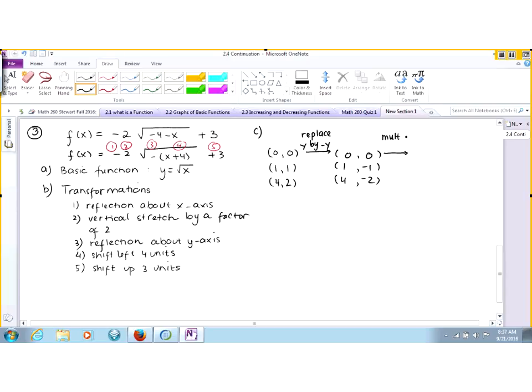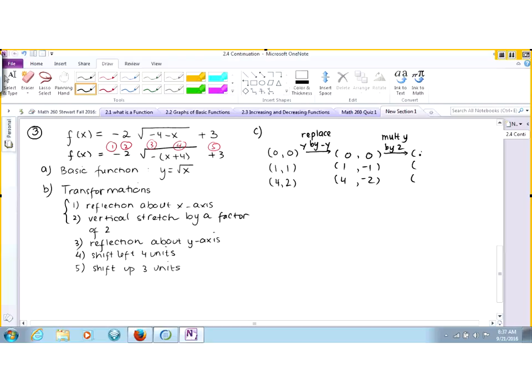Now, the 2. Vertical stretch. What do you do? Multiply y by 2. Actually, you could do 1 and 2 together. Why? Because you're multiplying y by negative 2. So actually, 1 and 2, you're doing the same thing to y, which is multiplying by negative 2. So you could do these two together.